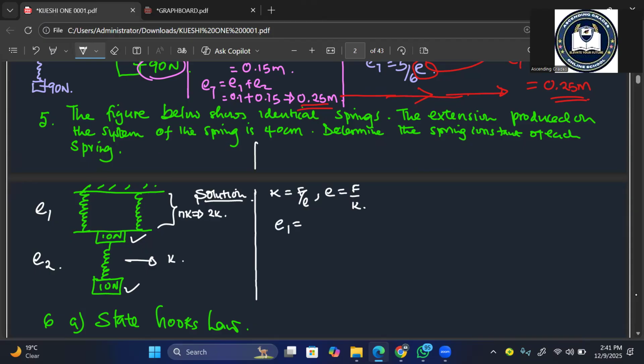E1 will be given by our force that we are given. We have 10 and 10 here, so a sum of 20 newtons. Then you divide by the spring constant of these two. We have said it is 2K. Then our E2, the weight acting on this spring is only 10 newtons. So there we have 10 newtons divided by K. Then you know that E total is equal to E1 plus E2.